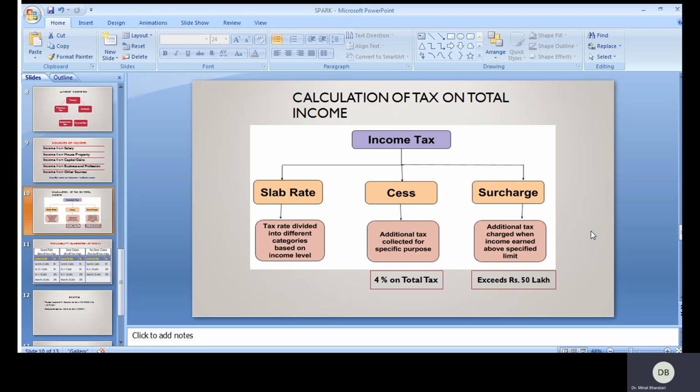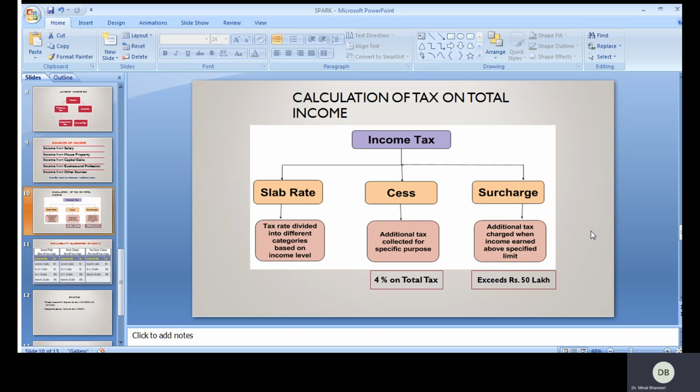Now income tax provides the calculation of tax in three different categories. The first one is the slab rate, the second one is the cess, and the third one is the surcharge. Now the slab rate means the tax rate is divided into different categories based on income level.